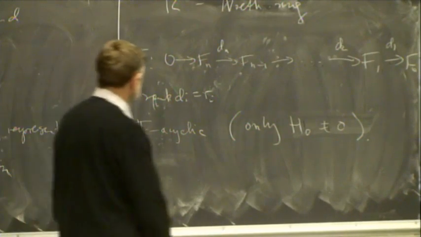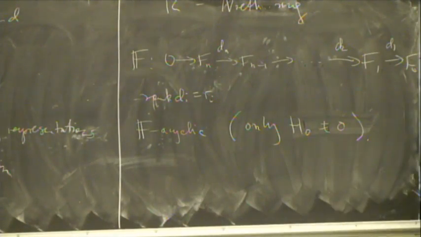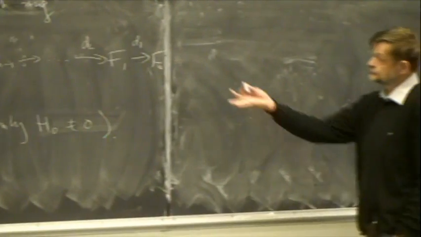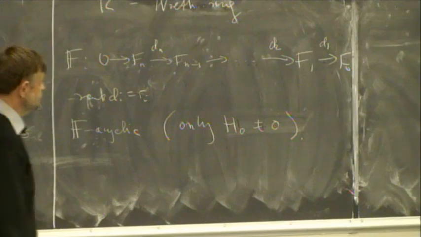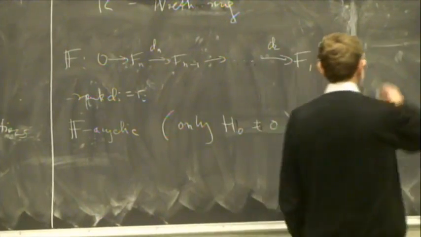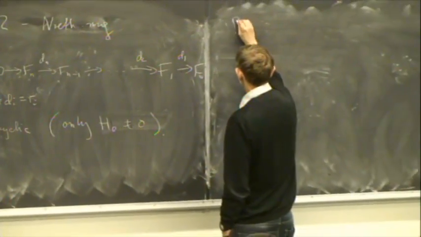The first thing one needs to know, just as background, is, if you see such a complex, how do you prove that it is, for example, acyclic? There are basic results of Buchsbaum and Eisenbud.